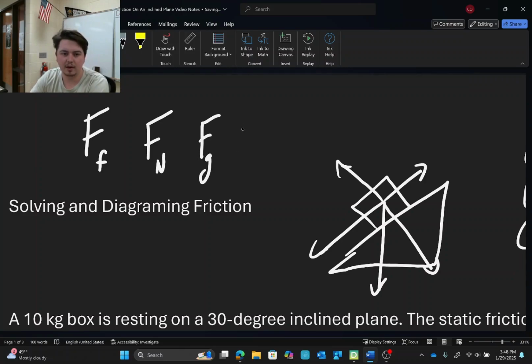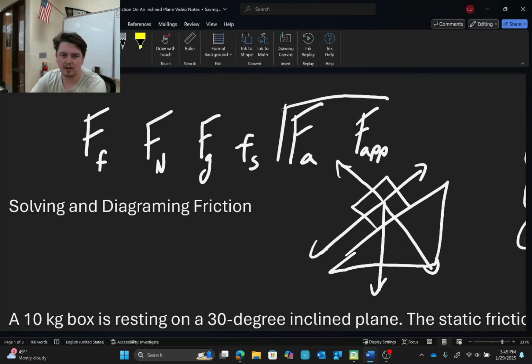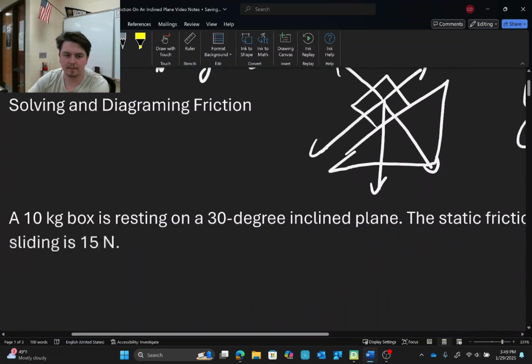And then we also have static friction. So lowercase f is going to be friction, and then the subscript s is going to be static, which is what we're going to be working with today. And then we also have F of A or F applied. Either way, these two mean the same thing. This is an applied force. So those are all the ones we are going to be working with today.